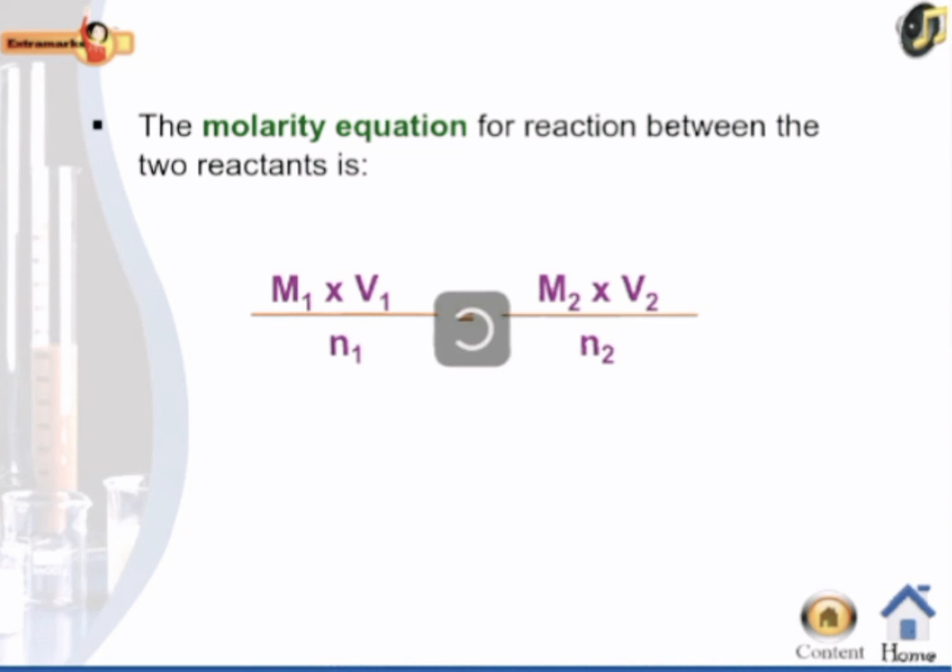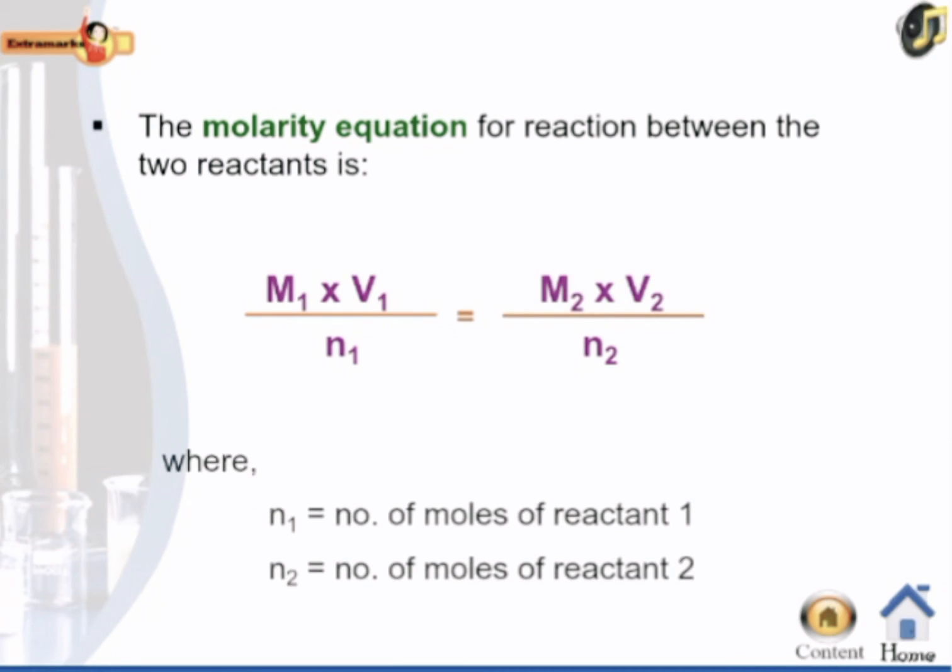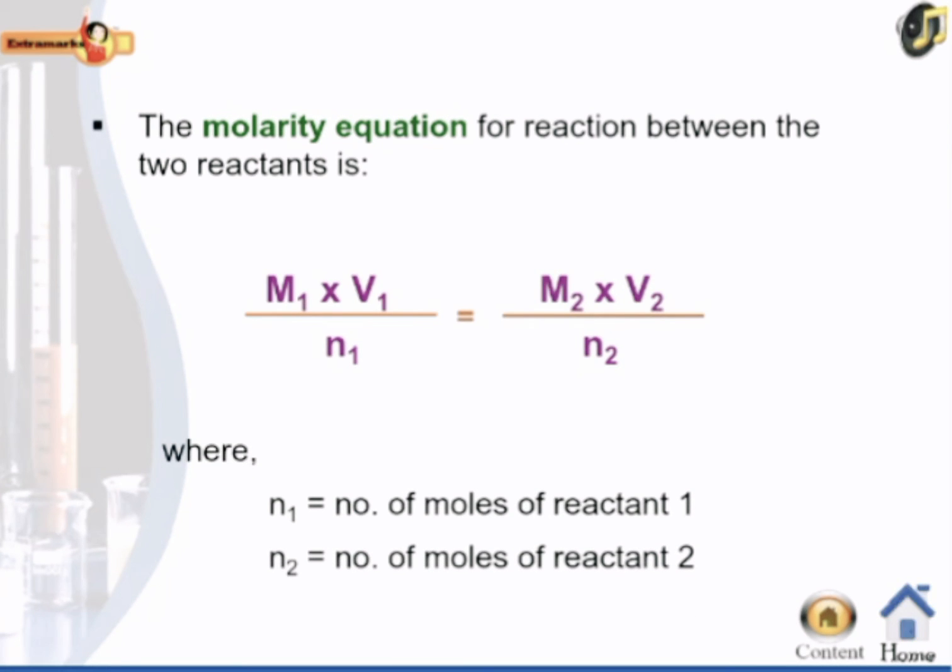The molarity equation for reaction between the two reactants is as follows. Here, N1 is equal to the number of moles of reactant 1 and N2 is equal to the number of moles of reactant 2.